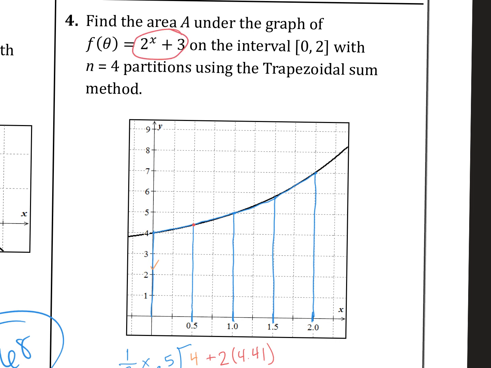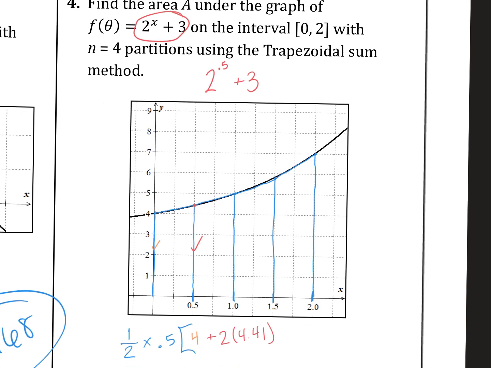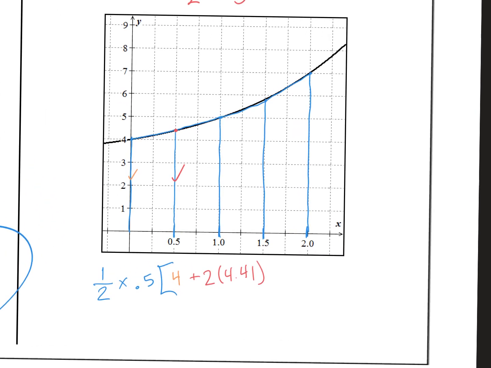So what do we plug into the function? For that one, you would have done 2 to the 0.5 plus 3 to get that one. And the next one you do 2 to the 1 plus 3, which would just be 5. So that's that one.